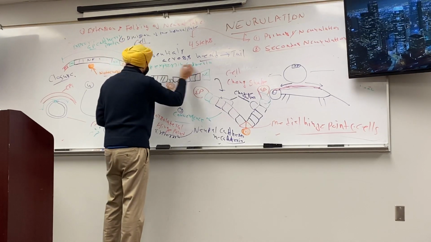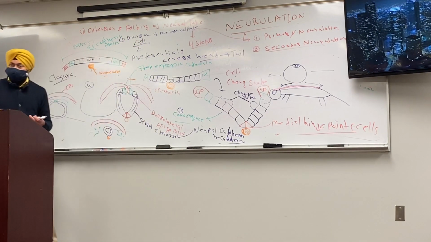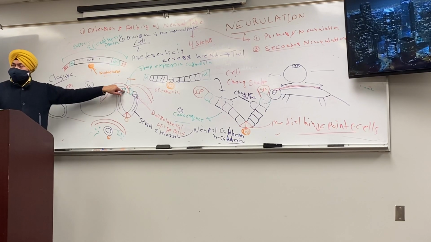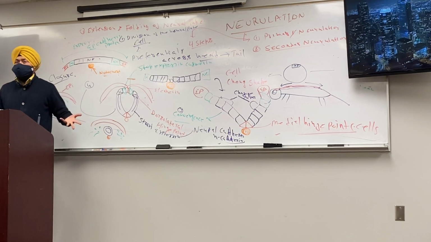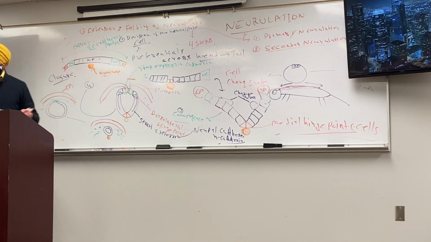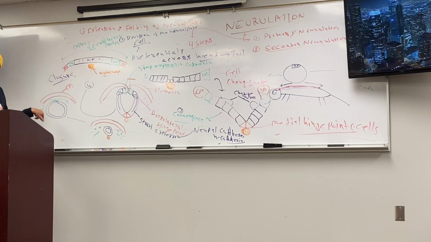Now think about it, these cells stop expressing cadherin, so they will no longer stay there because they don't have a cell adhesion protein, right? So this cell will move away.